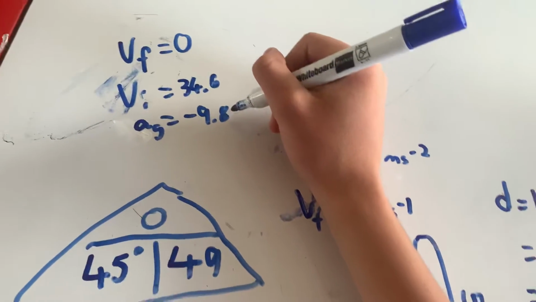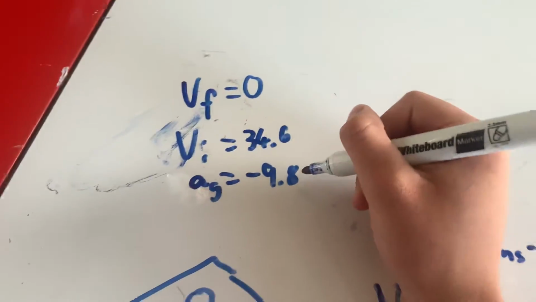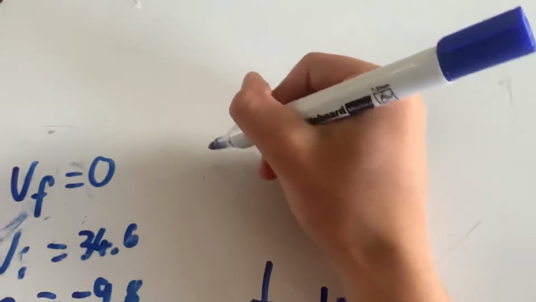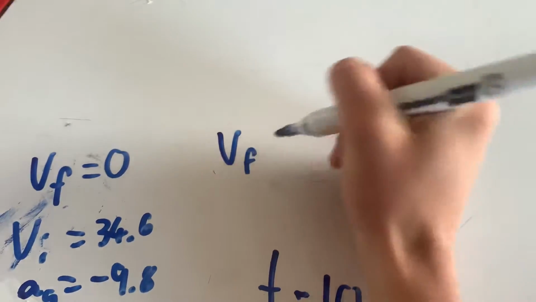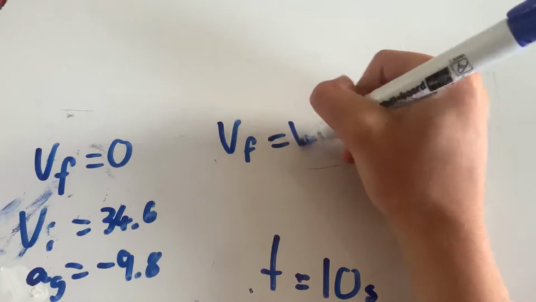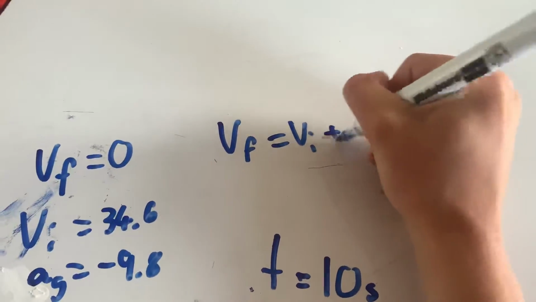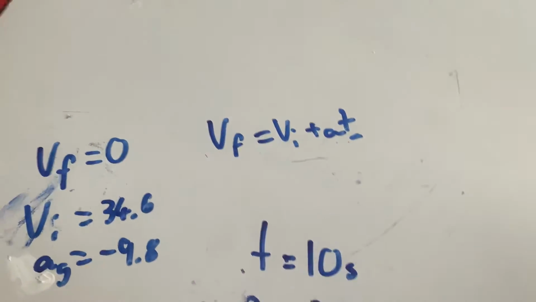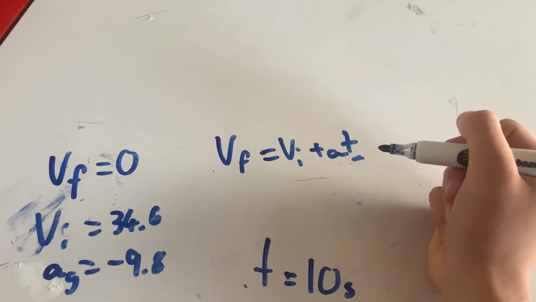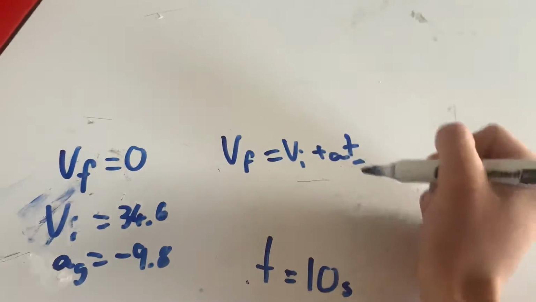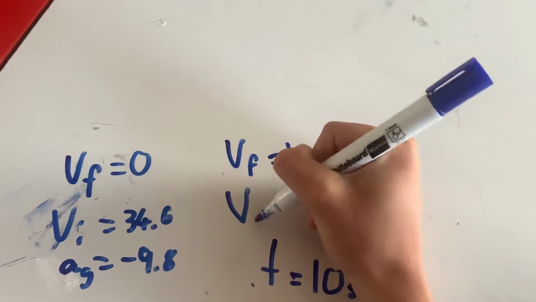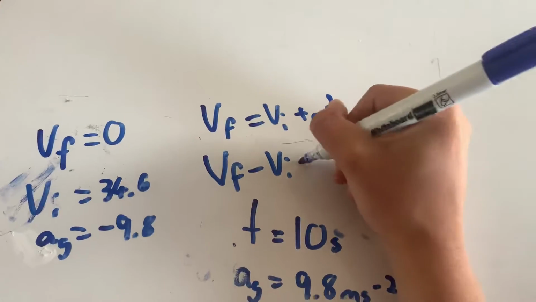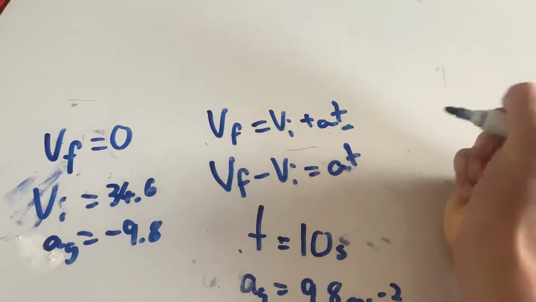And next, now let's look at the kinematic equation. The most suitable one here is VF equals initial velocity plus acceleration times time. And we're trying to find time here. So to rearrange, we subtract VI from both sides. So it's going to be VF minus VI equals acceleration times time.